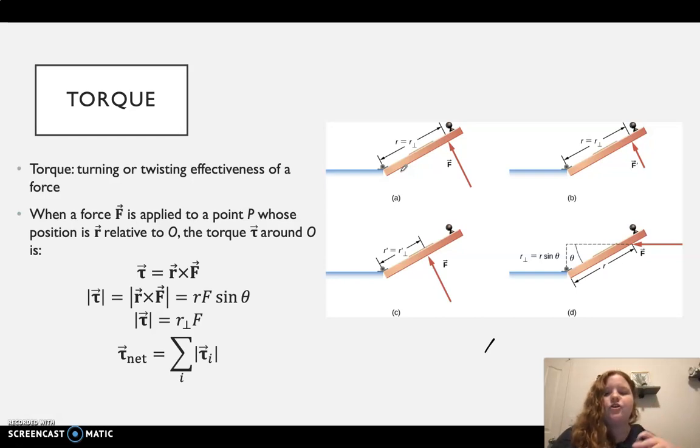As we increase the radius, the position where the force is applied, which we also call the lever arm, we won't have to use as much force for the door to open. This is also true if we use the force in a different direction. I'll continue our discussion on torque in the next video.